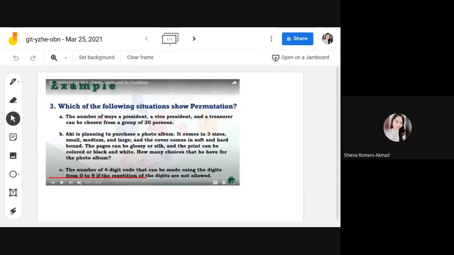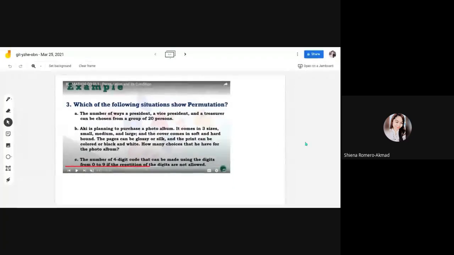Okay na ba? Naririnig na ako? Bigla mag-close yung ano. Hindi ko alam bakit.